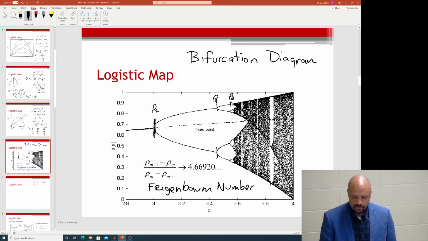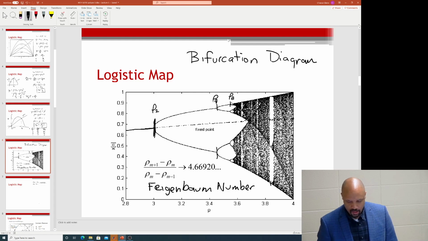Now, we can figure out where these are. So this will be the row value for where this splits minus the row value for where, no, it's actually backwards, so the higher number. So the row value where this splits minus the row value where that splits, over the row value where this splits minus the one where this splits.